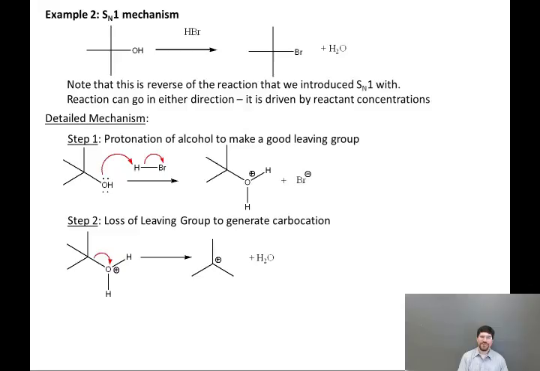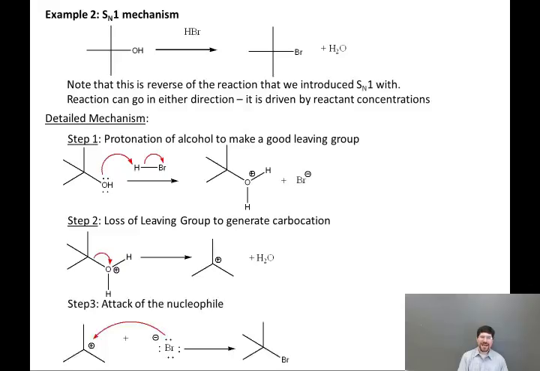Water is the leaving group here. And then finally, we get attack of bromide as the nucleophile to give a neutral product. Okay, so whether we're going by the SN2 mechanism or the SN1 mechanism, reaction of an alcohol with a concentrated HX acid, where X is a halogen, will convert the alcohol into the alkyl halide.